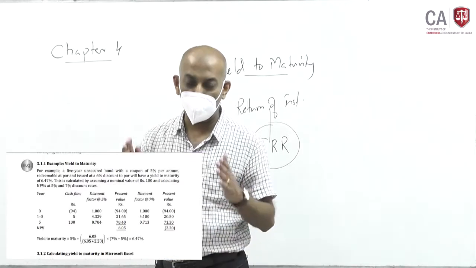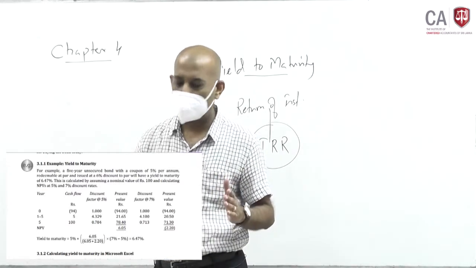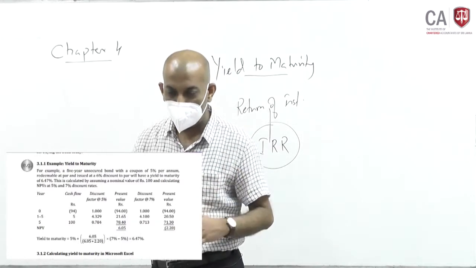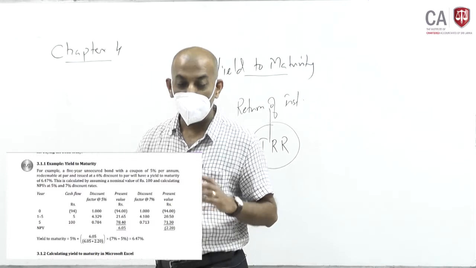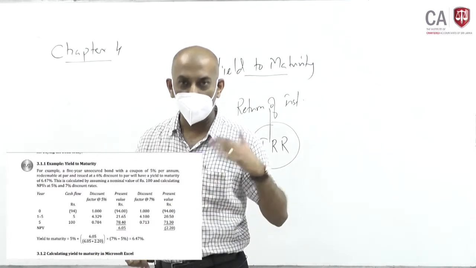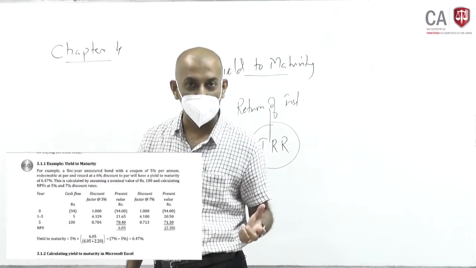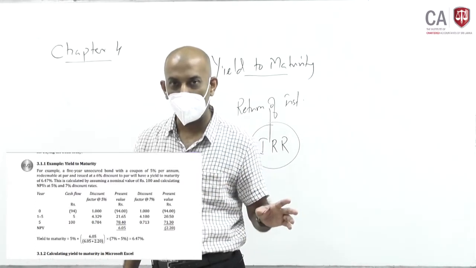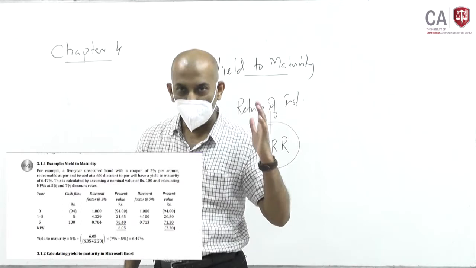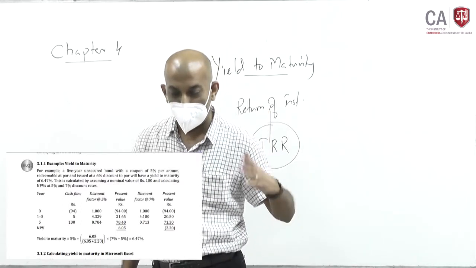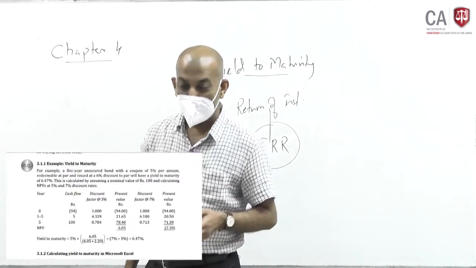Coupon rate means the company or the government issuing the bond will pay interest on the face value, that is 5% per annum. Redeemable at par means at maturity you are going to redeem this bond at the par value, meaning face value. So there is no additional premium or discount. It's the face value of the bond. So 1000 rupees means you redeem at 1000 rupees, or 100 rupees means you redeem at 100 rupees.